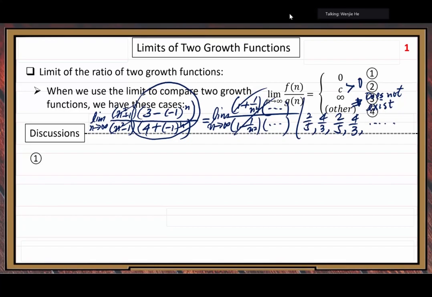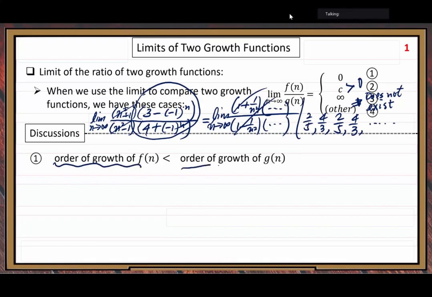So then, these 4 cases. Here, we introduce a concept called order of growth, because we want to compare these two growth functions. Which one grows faster? Which one grows slower?